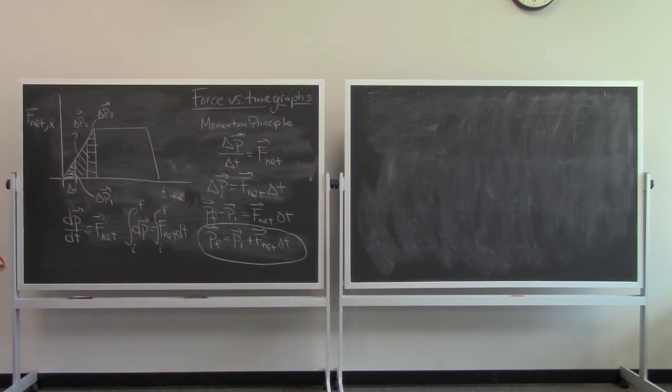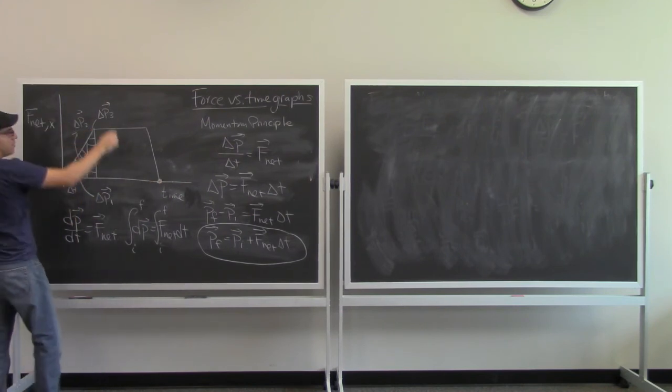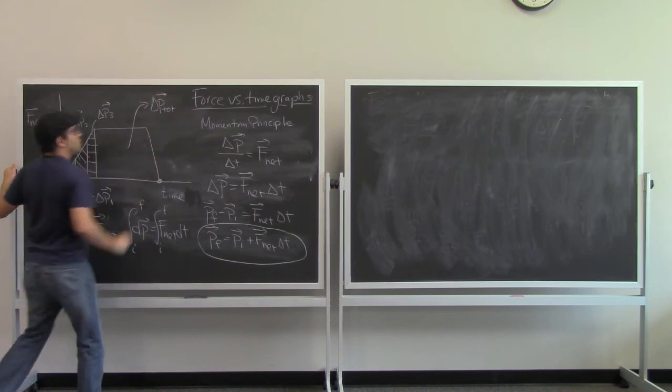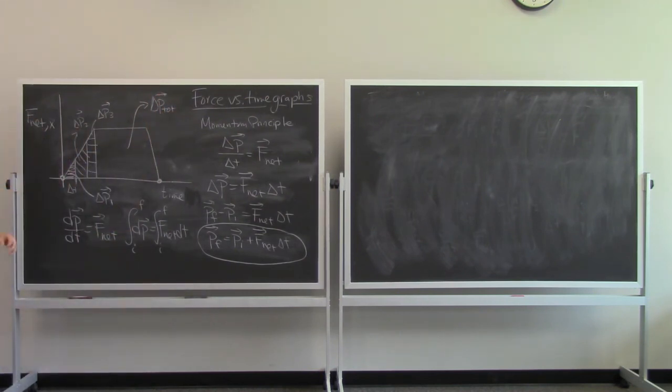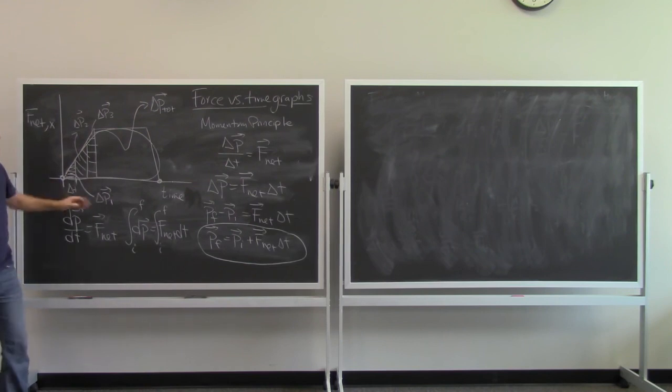Now what you'll see is if we add up over the entire curve from here to here, the area under this entire curve is the total change in momentum that whatever object we're graphing here experiences. That's this whole graph, not just this one part here, but the whole thing. That's the total change in momentum over this whole interval.